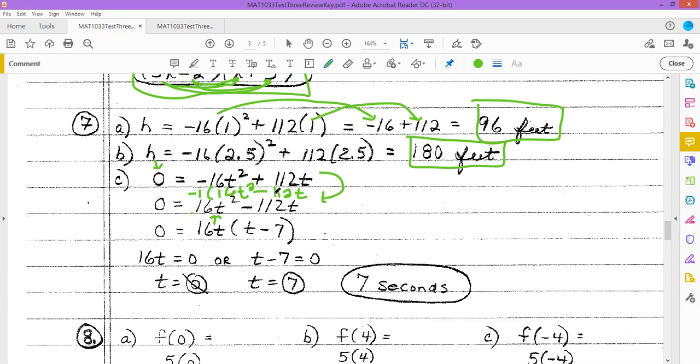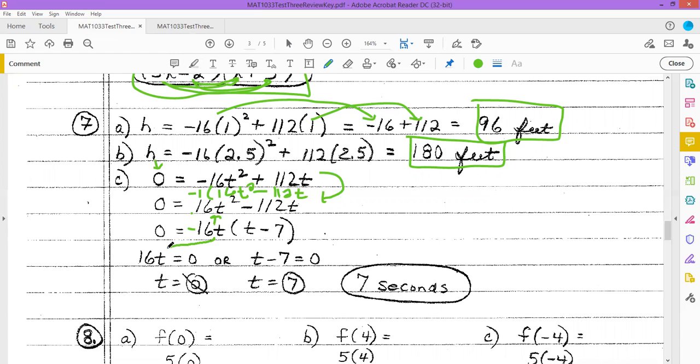From that, we factored out our 16t from both of these terms. We had our negative 16 in front, so we should have kept that negative there. Negative 16t from t squared leaves us with t in parentheses, and the 16t from the 112 leaves us with the minus 7 in parentheses.